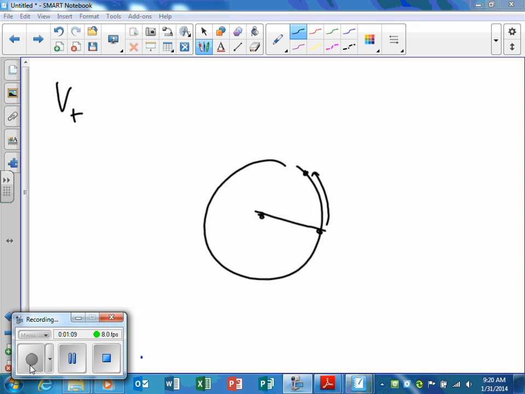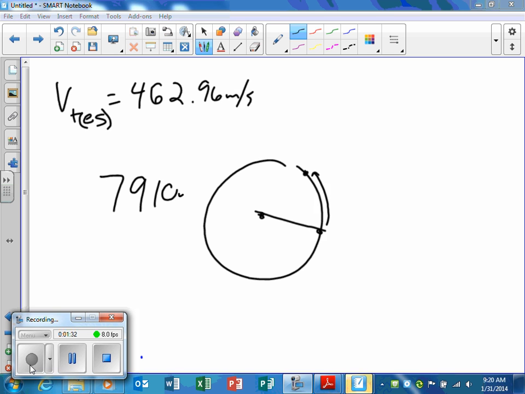Velocity tangential at the Earth's surface is 462.96 and then some meters every second, right? So there's a big difference between 7,910 meters per second and that, so there's no way we could have geostationary orbit in low Earth orbit.